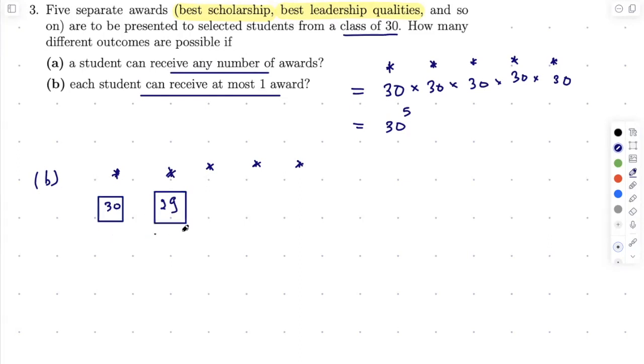Now, because two students have taken the award, how many possibilities are there for the third case? 28. How many possibilities are there likewise for the fourth case? 27. And for the last case, it is 26.